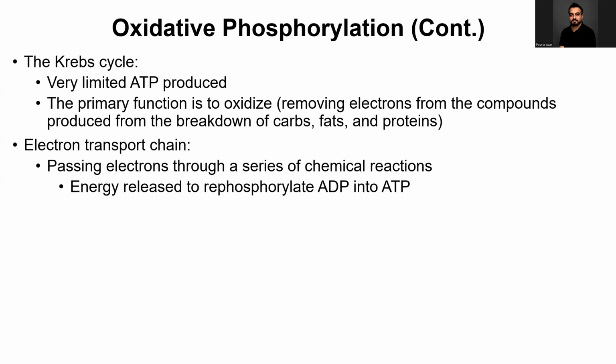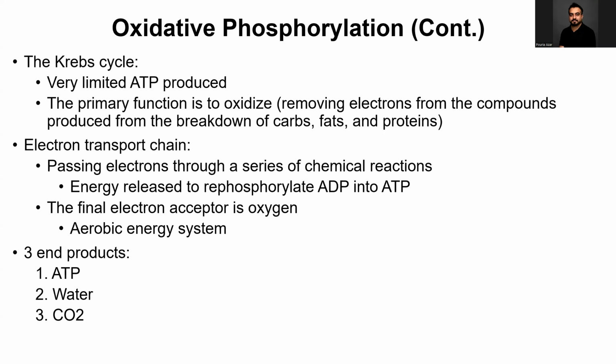And the energy released from these chemical reactions is used to rephosphorylate ADP to ATP. And the final electron acceptor is oxygen. That's why this oxidative phosphorylation depends on oxygen. And that's why we call it aerobic energy system, because the final electron acceptor is oxygen.